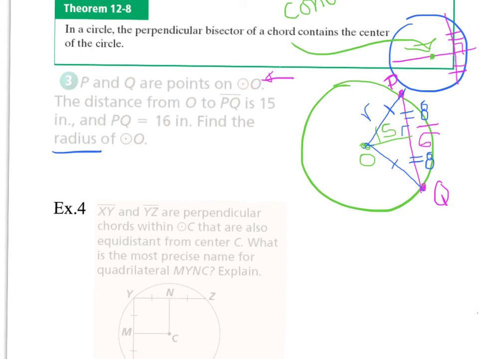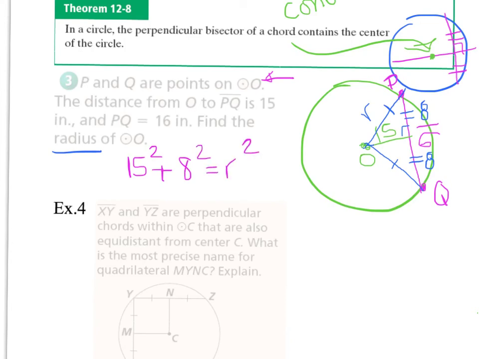All right, now there's other ways to do this, but in this context I don't think we can figure out what it is because we don't have a central angle. You guys will get to that point where they give you more information and you can work with other formulas, but for now, Pythagorean theorem is our key. So 15 squared plus 8 squared equals the radius squared.